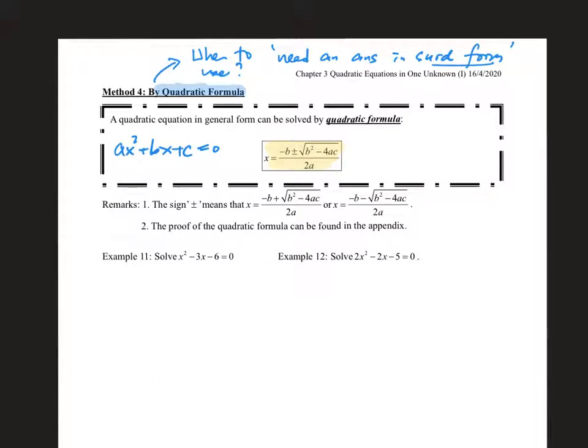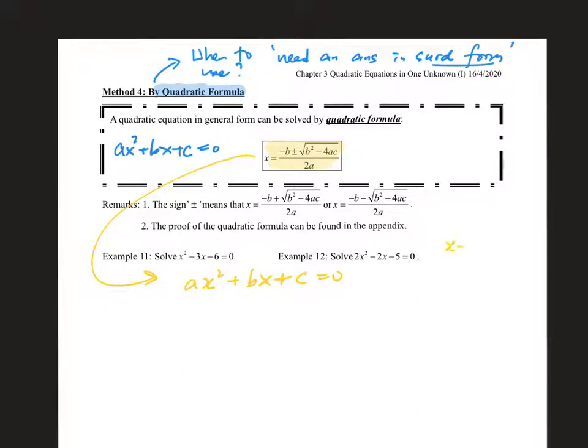But now let's take a very short moment to see how we can prove the formula by ourselves. Are you going to accept the challenge? Okay, let's try. Let's start from the original equation, ax squared plus bx plus c equals 0.